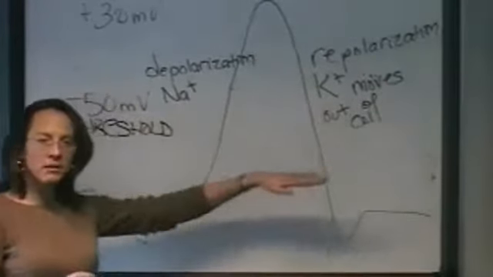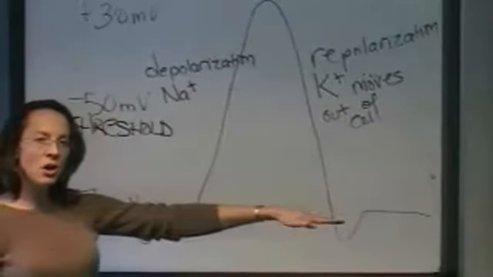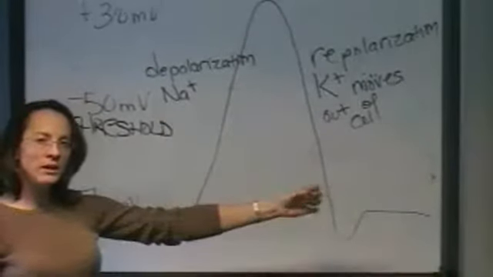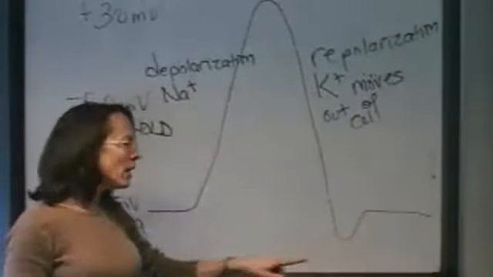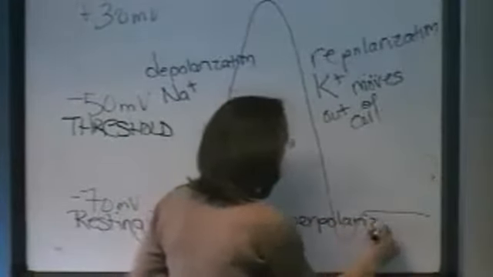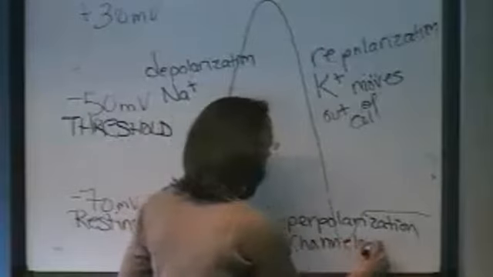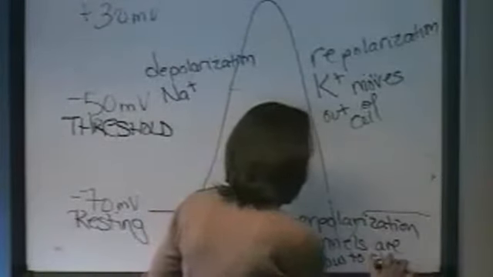So once that cell gets back to -70, those channels close slowly, so we get some leakage of those positive ions out, and we undergo a process called hyperpolarization. Okay, and that's because the channels are slow to close.